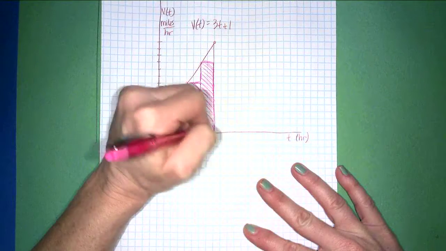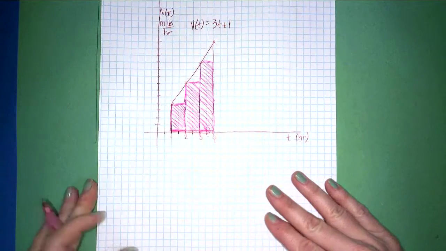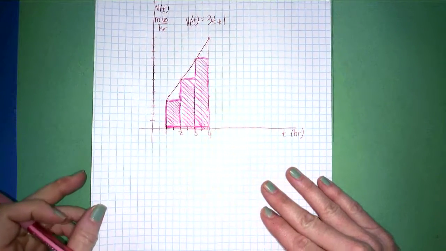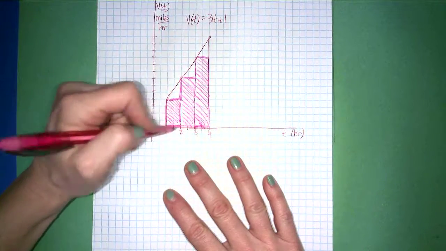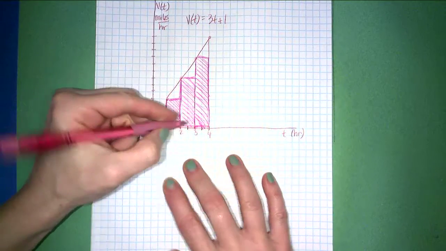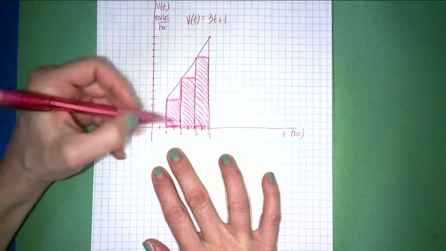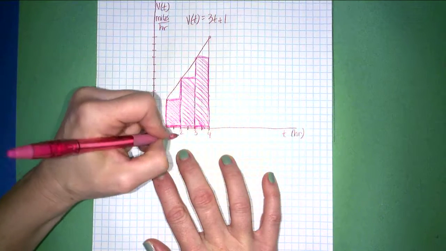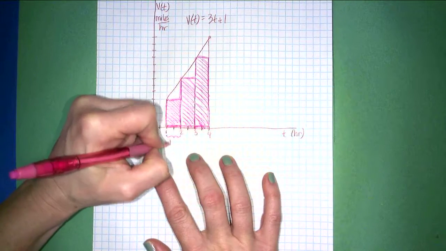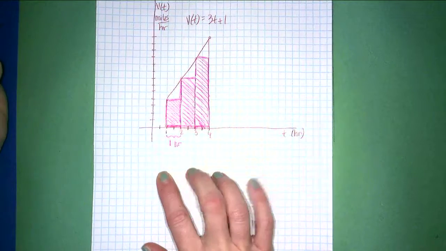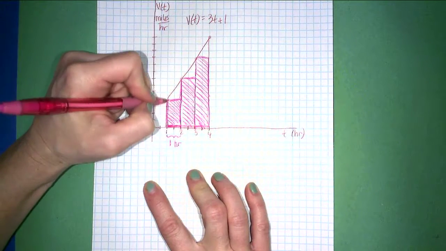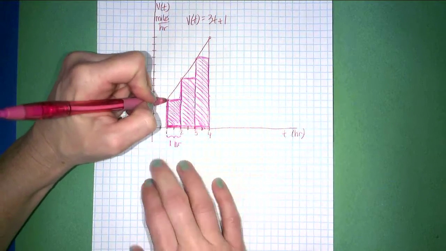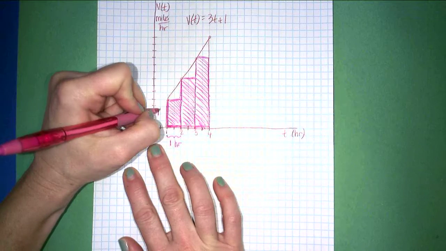So let's explore this a little bit further. If I pull out this rectangle, for example, let's look at the base. The base is 1 unit, which in this example means 1 hour. And the height here, which is 4, is 4 miles per hour.